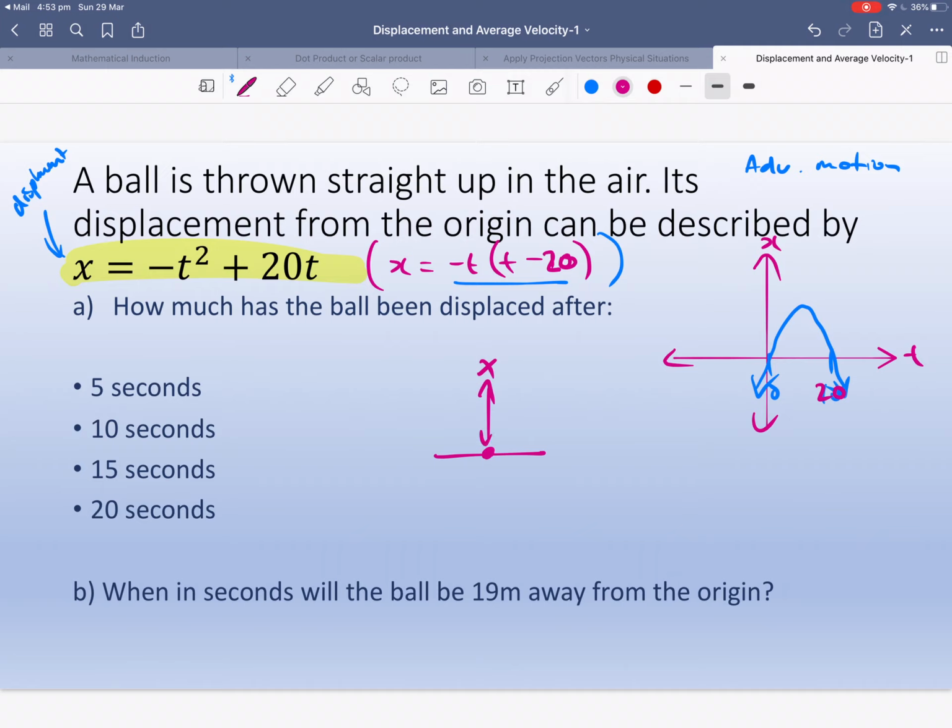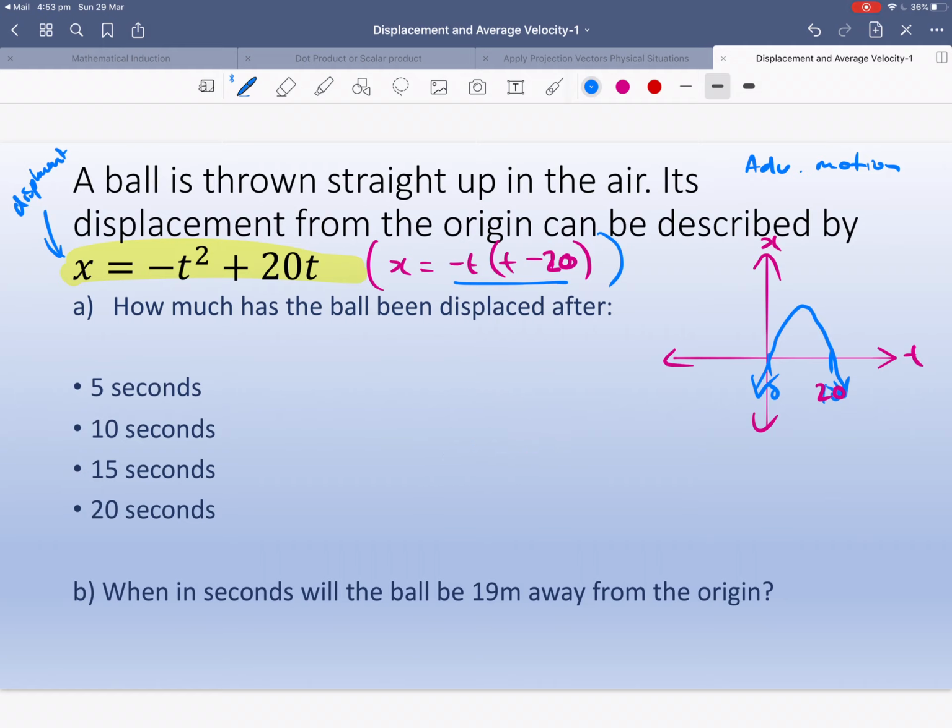Is that the same thing as distance? No, it isn't, because we could throw a ball up in the air and it goes up and then comes back down, and if I ask you how much displacement it is from the origin, it's just this little blue bit. So displacement is just how far it is from a relative point. Often in maths we use the origin.